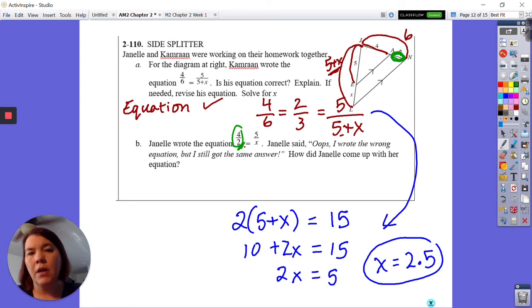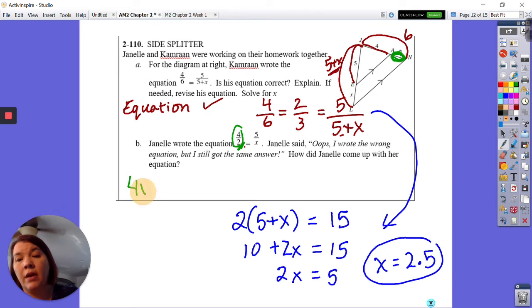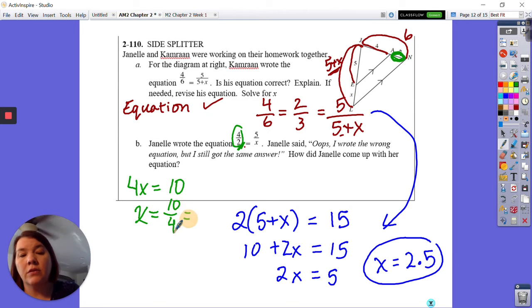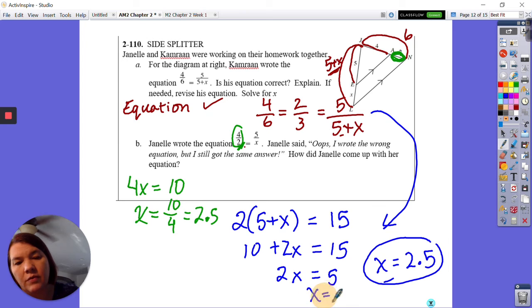But is she okay? She does get the same answer. We get 4x equals 10. And so x equals 10 over 4, which simplifies to 2.5. And just in case you missed it, this was 5 over 2 at one point, and then I simplified it to 2.5. And so there we are.